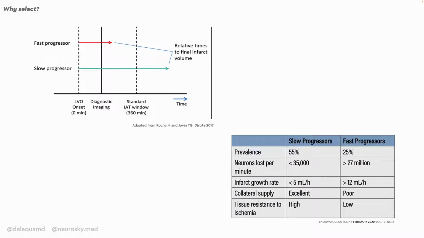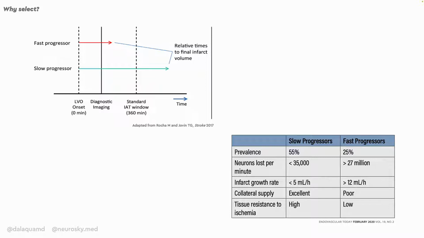And nowadays we consider up to 24 hours because this is what is available and supported by the literature, but maybe in the future we will think about something after 24 hours and even more, pushing the boundaries each time more. We know that depending on the collaterals, patients with more collaterals will be slower progressors and will lose fewer neurons per minute, with a lower infarct growth rate.